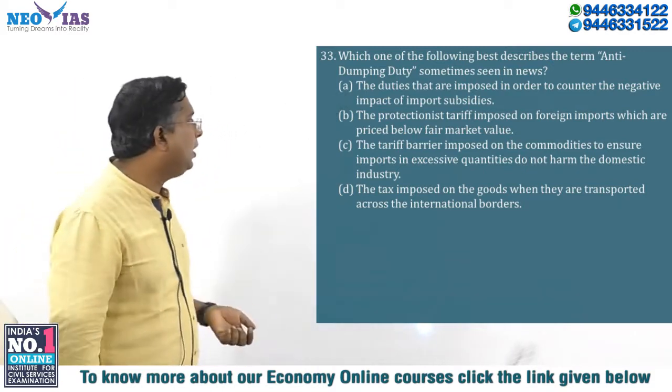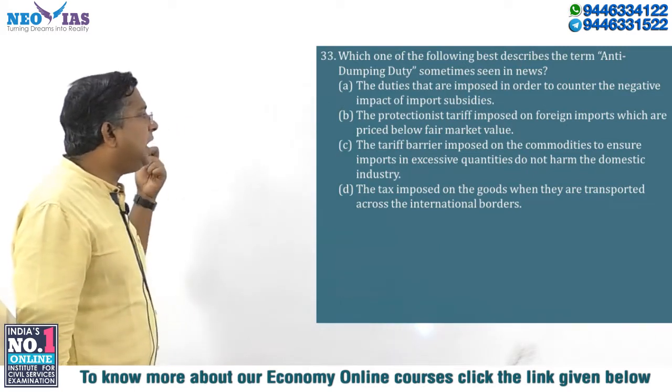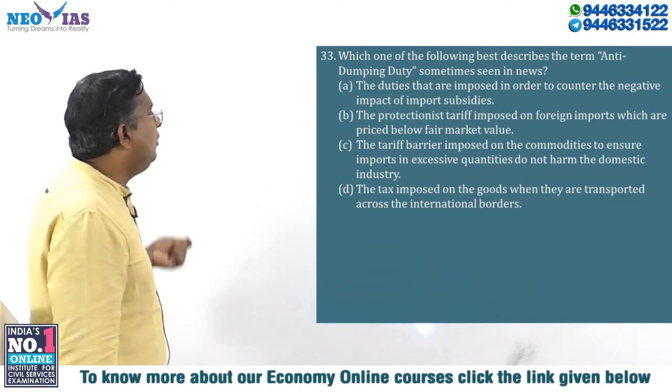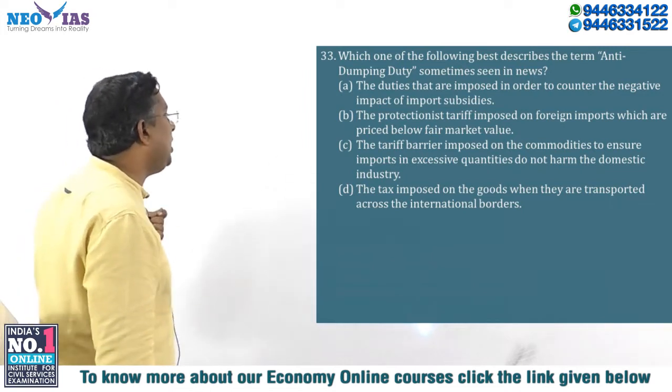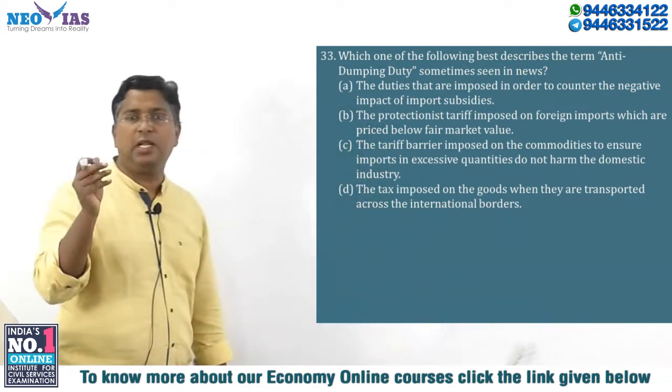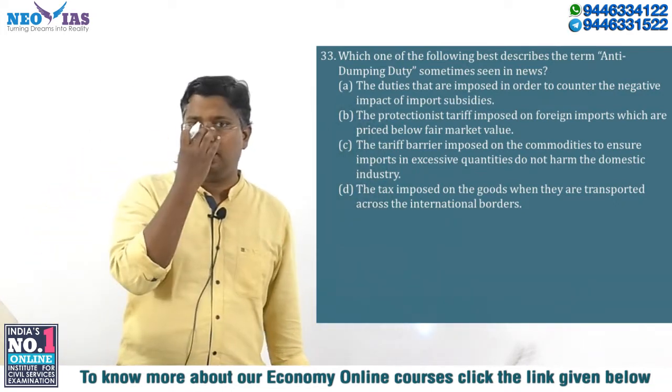So note down. The protectionist tariff imposed on foreign imports which are priced below fair market value. This is the definition of anti-dumping duty. You need to understand the meaning of dumping.